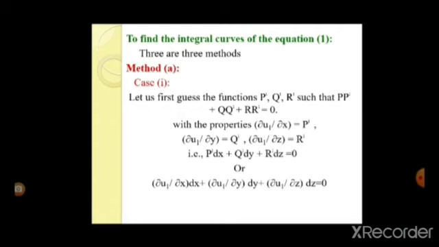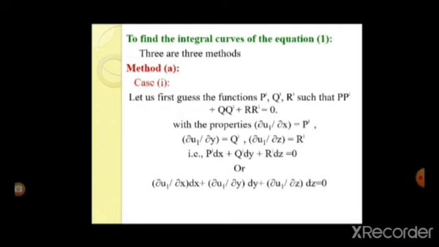That means we have to select the functions p dash, q dash, r dash, which depend on the equation. While substituting the values of p, q, r as well as p dash, q dash, r dash in the form of p dash plus q dash plus r dash, we should get 0. To satisfy that condition, we have to choose, that is guess, those functions p dash, q dash, r dash.